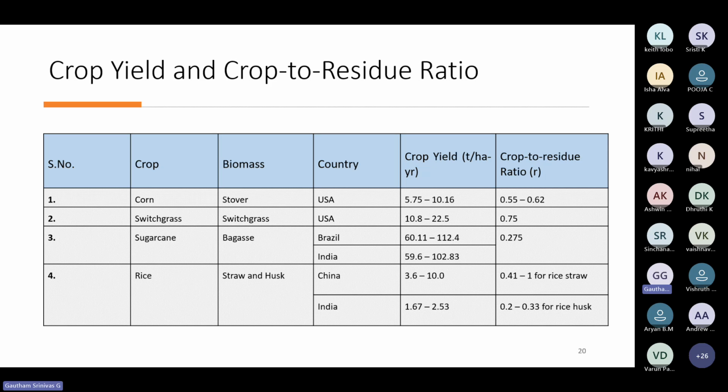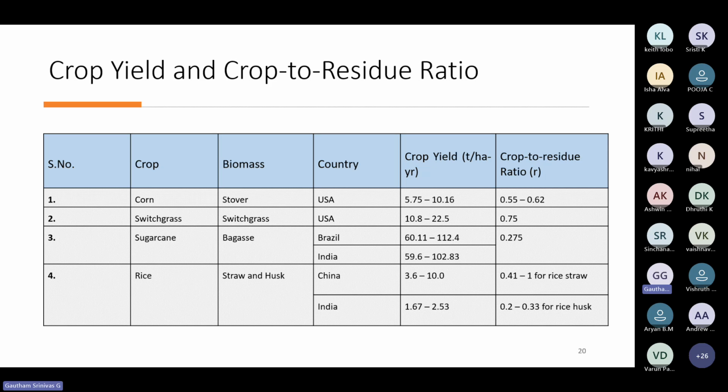You can see that the crop yield of rice, it's up to 10 tons. The maximum is like 10 tons per hectare in China, whereas for us it's 2.5 tons. Okay, so China is like 4 times ahead of us. Okay, so I mean, it can't be that they have much more fertile lands or something. Even if they did, it cannot be 4 times. The difference cannot be 4 times.